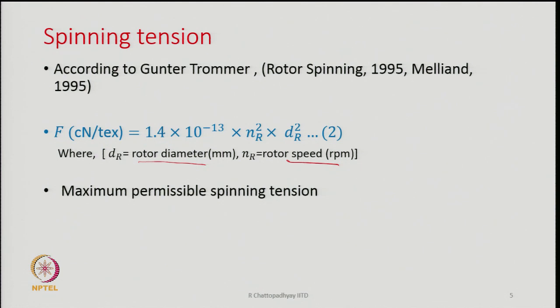Generally, we express the rotor diameter in millimeter and the rotor speed in revolutions per minute, so considering the usual units practiced in the industry, this equation has been stated.